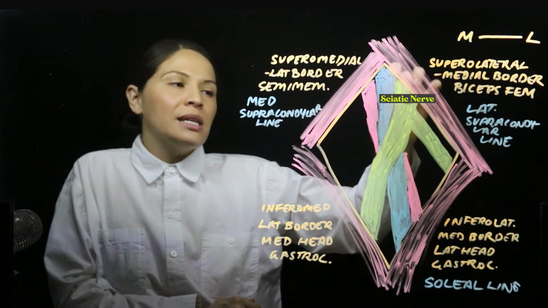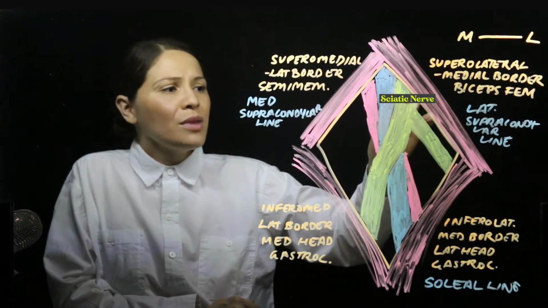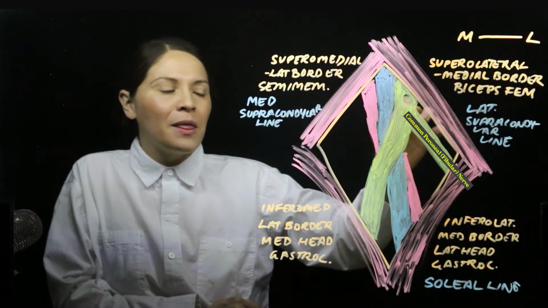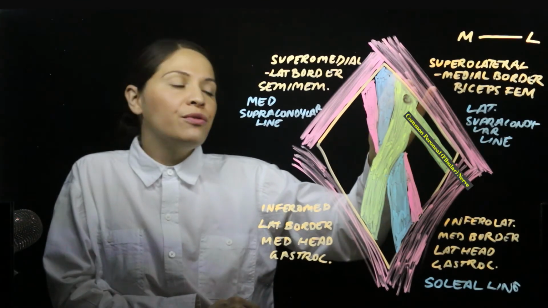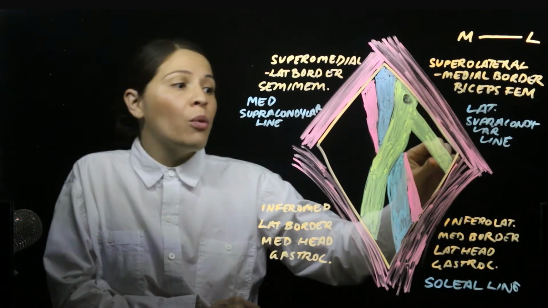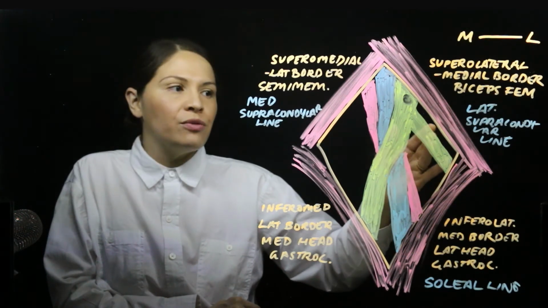And the sciatic nerve is going to come in and then branch into two different nerves. So going off laterally, we have the common fibular nerve. The common fibular nerve is going to follow that superolateral boundary down. It will then go over the lateral head of gastrocnemius here and then leave the popliteal fossa.